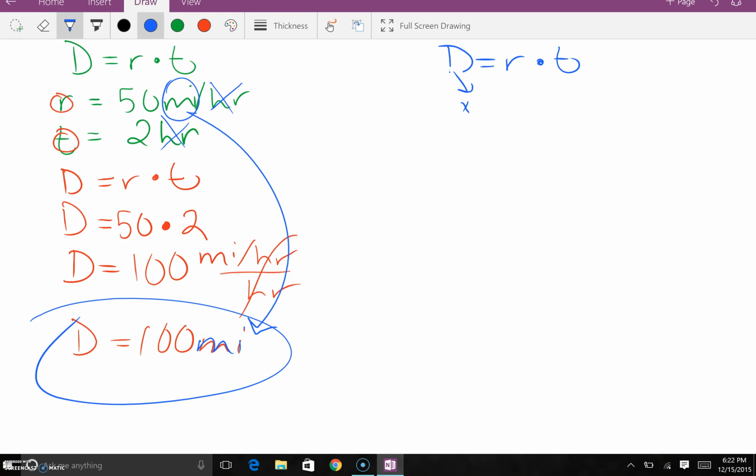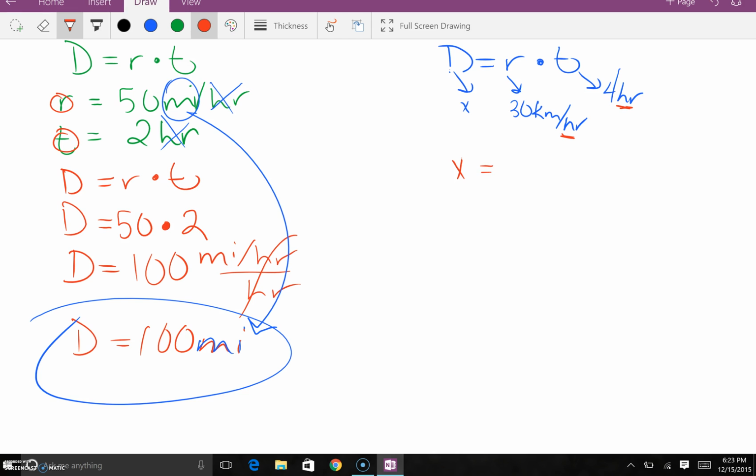Let's say that they give you a rate of 30 kilometers per hour and a time of 4 hours. Again, because we have hours and hours, we don't have to do any conversions beforehand. We can just simply solve.